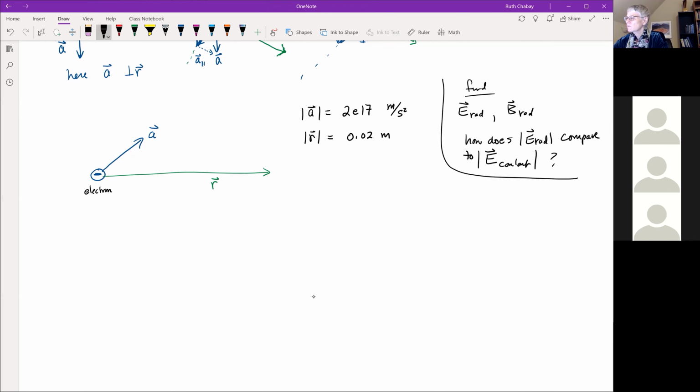So this is what we want to find out here. And we need an angle, as Jonathan pointed out. So this angle is 20 degrees.